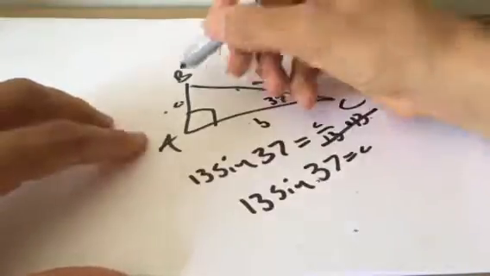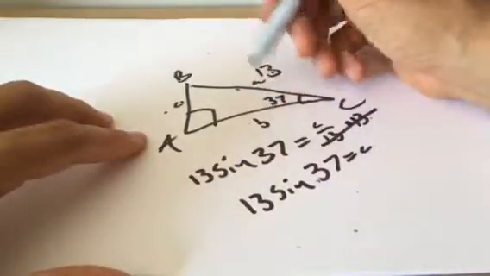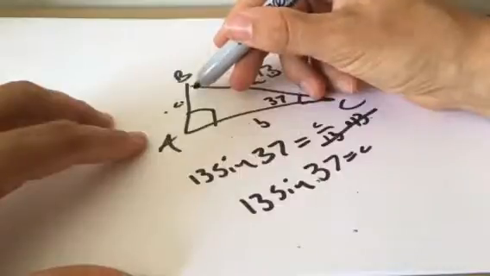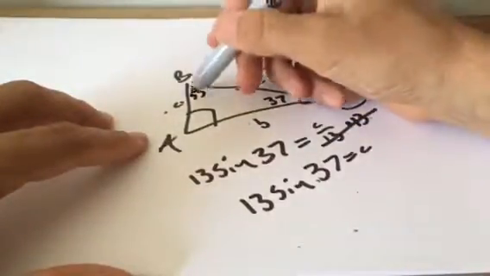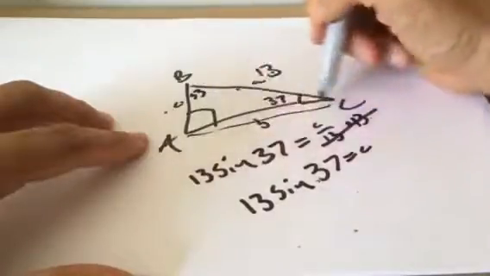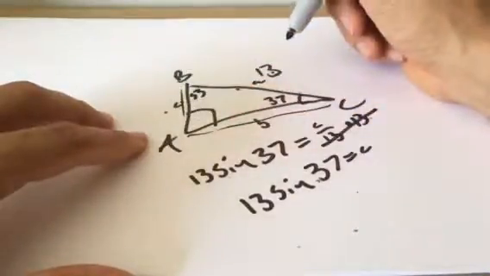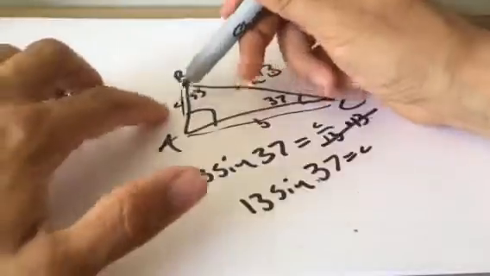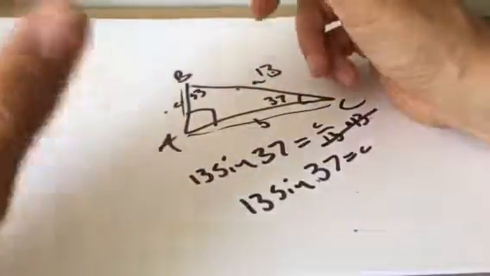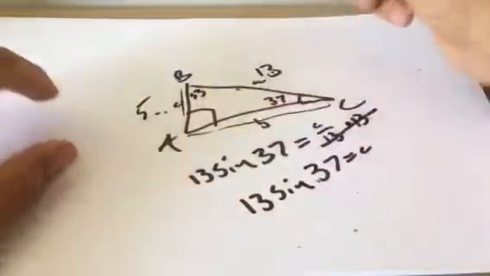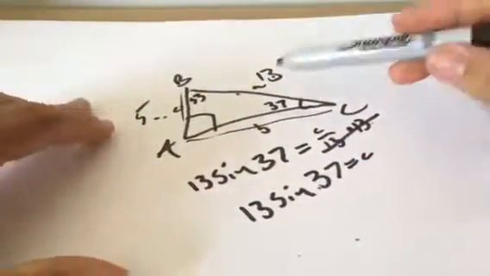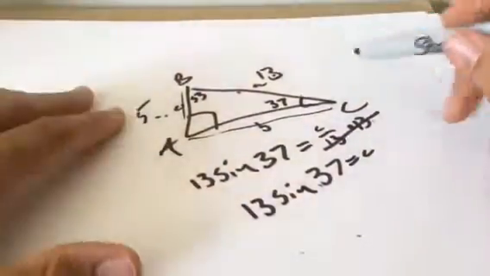It also needs to be smaller than this side, because this angle right here would equal 53 degrees. So because this angle is bigger, that means this side is going to be bigger than this side. So chances are this side is going to be somewhere around 5-ish. Always use estimation to help you know that you're on the right track.